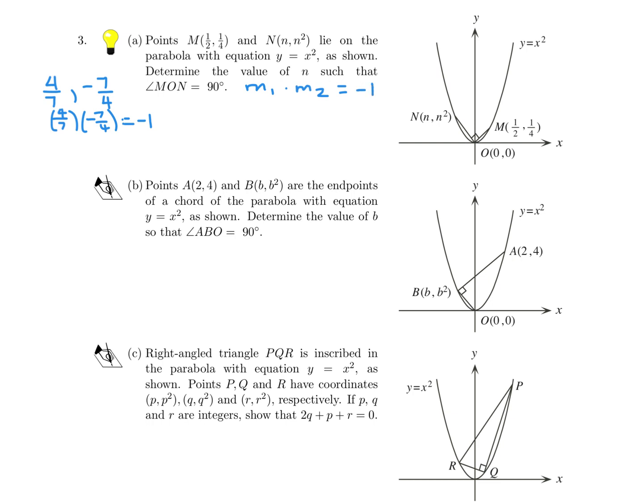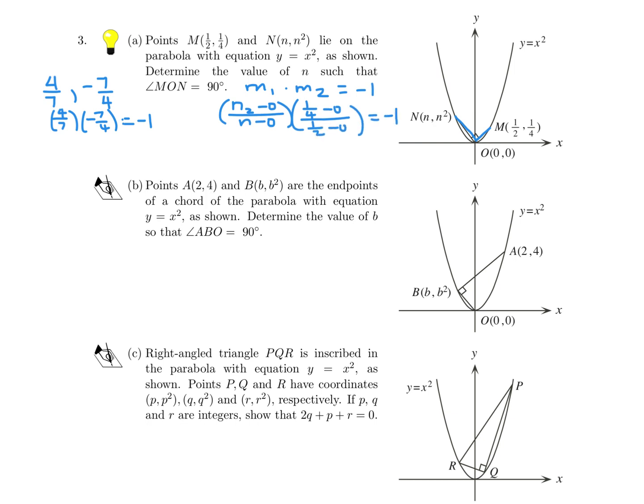The first slope is this guy right here, and the other slope is the one that's perpendicular. So using rise over run, we're going to have n squared minus 0 over n minus 0 for m1, and then m2 would be 1/4 minus 0 over 1/2 minus 0. And all this equals negative 1.